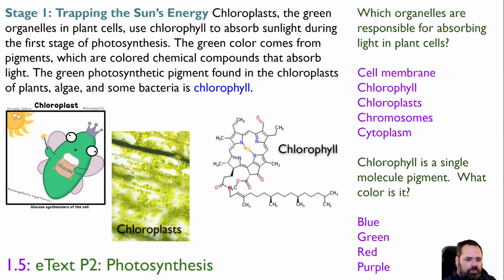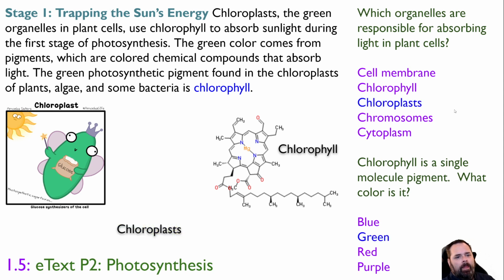And the second question we have is, chlorophyll is a single molecule pigment. What color is it? So the organelles that are responsible for absorbing light in plant cells are chloroplasts, right? And chlorophyll is typically green, okay?